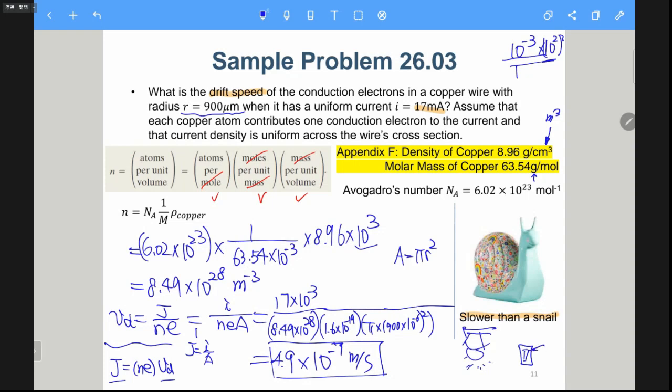If you just push it, you feel like it turns on immediately. But how to explain the drift velocity of the charged particle moving so slow?